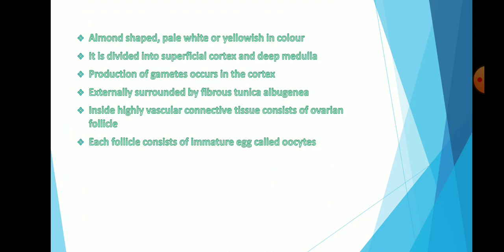Embedded in the highly vascular connective tissue of the ovary cortex are many small sac-like structures called ovarian follicles. Each follicle consists of an immature egg called oocyte, covered by different cells which are one or more in layer.